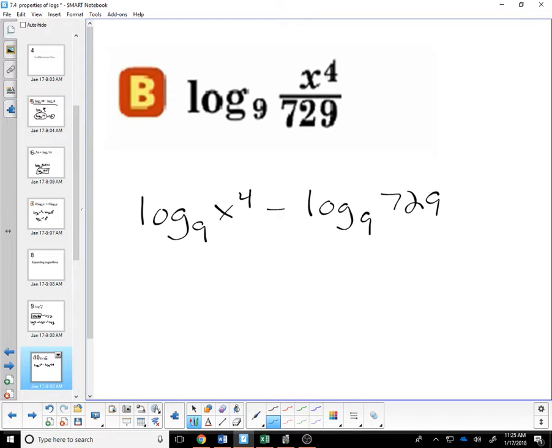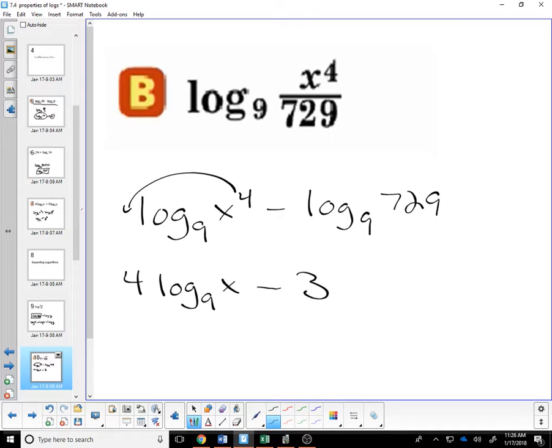You want to simplify it more, don't you take that 4 and put it in front of the log? Yeah, so something else we can do to simplify is grab this 4, kick it to the front. So this becomes 4 times the log base 9 of x, minus... So I've been thinking about, what is a logarithm?